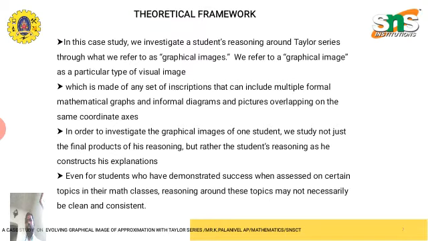What we share with the representations literature is the interest to investigate the potential of students' self-generation and elaboration of visual representations to enhance and advance their understanding of difficult conceptual domains, and a focus on the spontaneous generation and use of domain-specific diagrams during reasoning. In order to investigate the graphical image, we study students not just in the final products but in their reasoning.